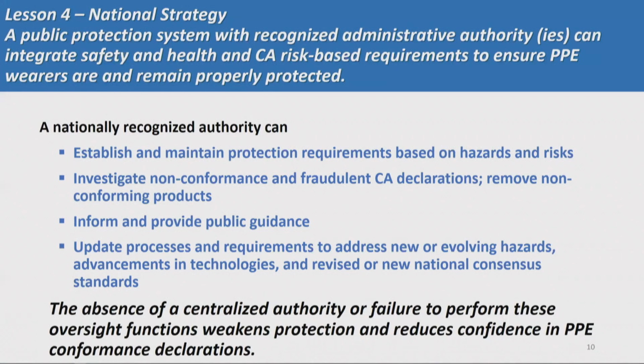They can investigate nonconformances and fraudulent CA declarations, help to remove nonconforming products, inform and provide the public with critical guidance, and update the processes and requirements to address newer evolving hazards, advancements in technologies, or the need for revised or new standards. Congress is going to need to act to fill this gap. And failure to do so in identifying a centralized authority could weaken protections and reduce confidence in PPE conformance declarations.